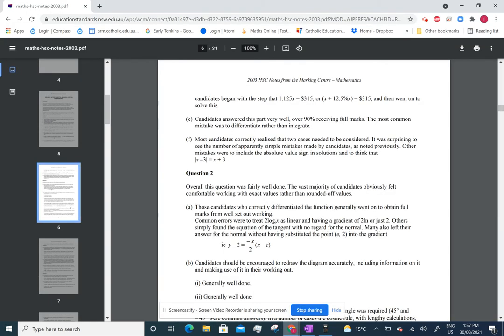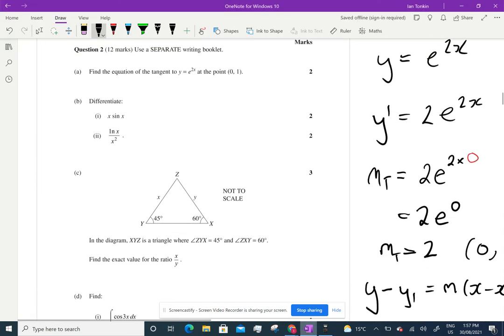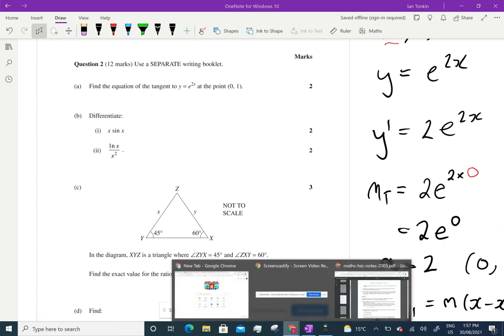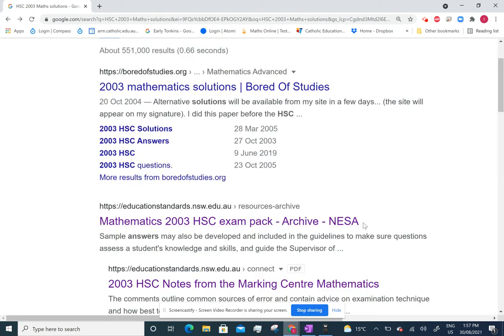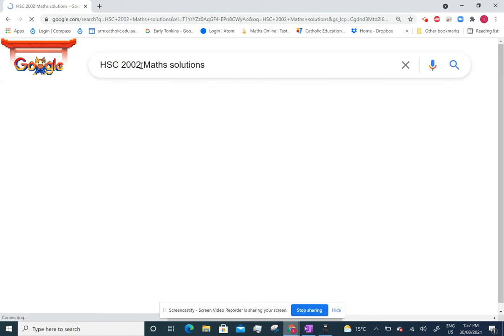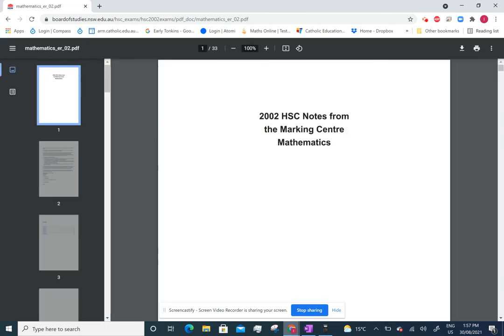Check. So when was that? What year are we looking at? 2002, I thought. Yep, 2002, question 2A. So you go back and have a look at the notes from the marking centre. By the way, you can do all this on your own.